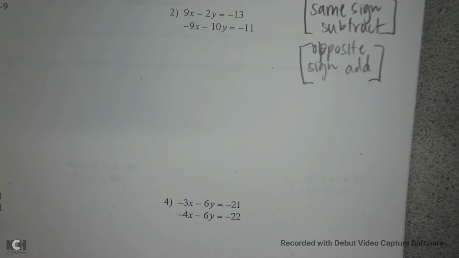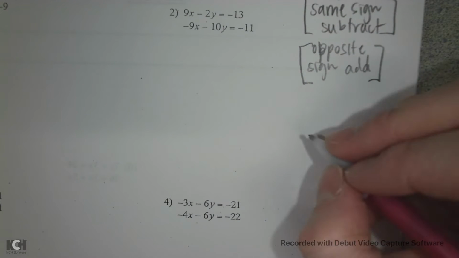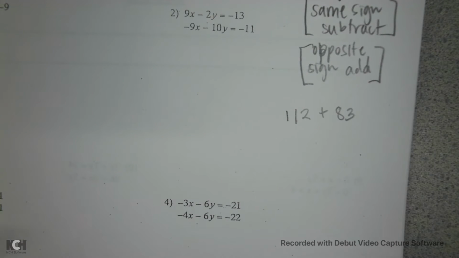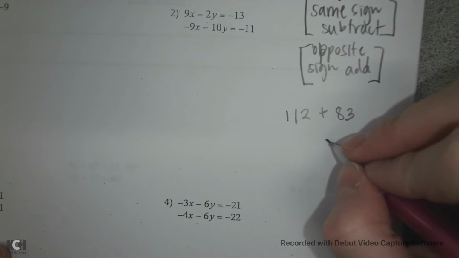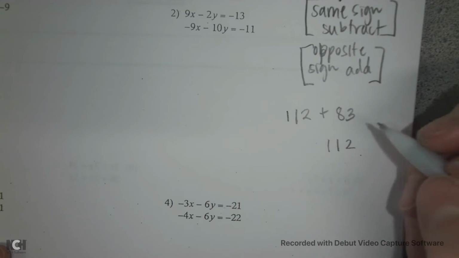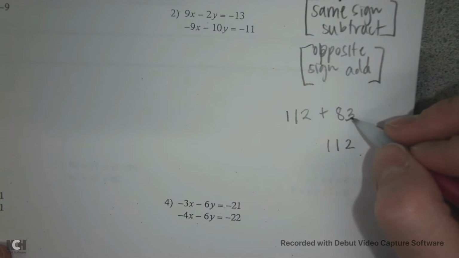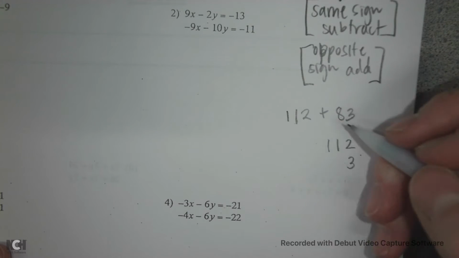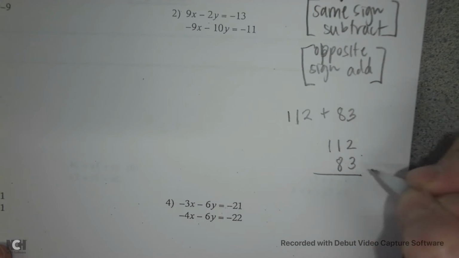Oh, remember old school addition? If you were adding like 112 plus 83, in order to add these two numbers up, you would line them up. So you'd write the bigger number on top, 112, and then underneath it, you would line up the 3 with the 1s on the 2, and the 8 with the 10s from the 1.